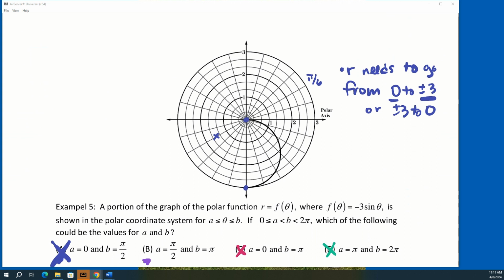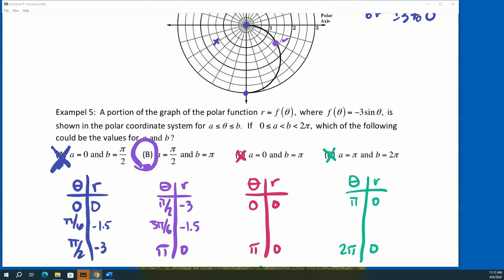So 5 pi over 6 is going to be this angle. So I'll go to the negative 1.5 again, and I'm going to rotate this much. Is it going to take us to the circle? It is. This is going to take us right there, which is the right place. So that is the right answer.